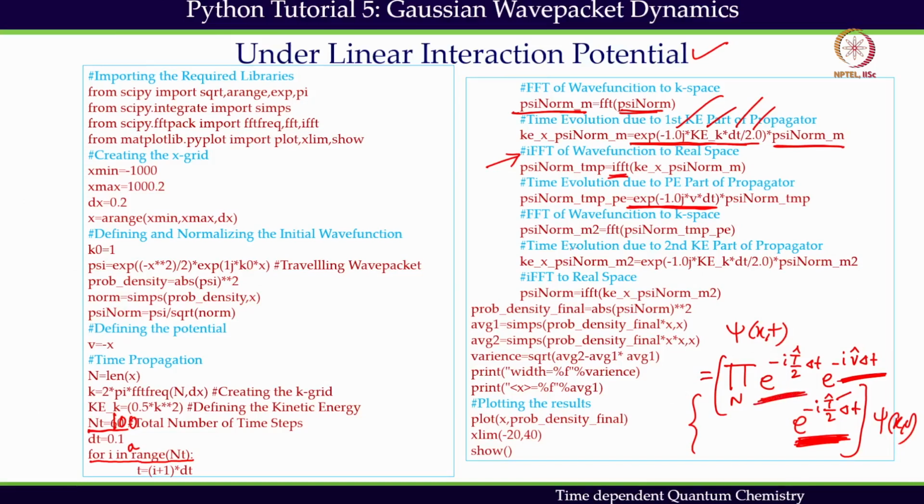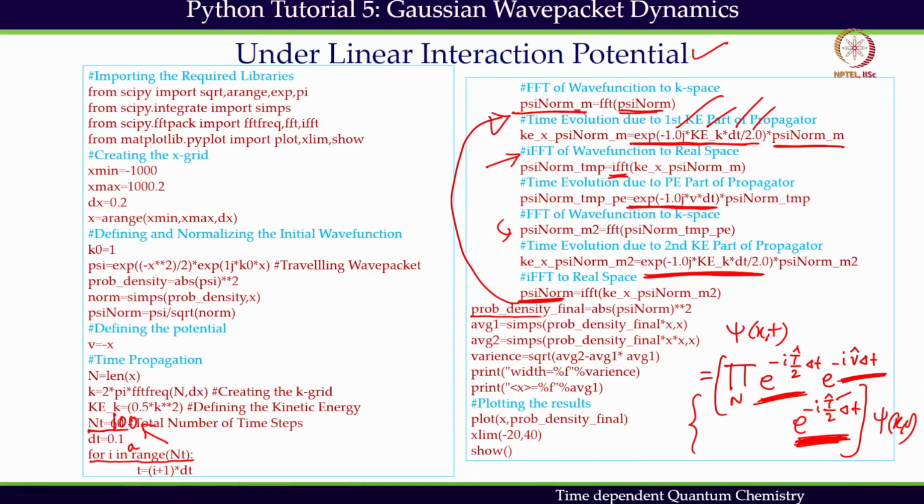So we again do the FFT, the fast Fourier transform, to get the wave function in the Fourier domain, and then apply the last kinetic part of the split operator, and finally we get this psi norm. This psi norm will be updated during this iteration. The iteration will continue until the value 100 minus 1, and it will be updated.